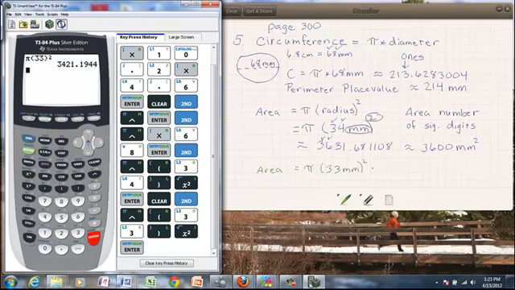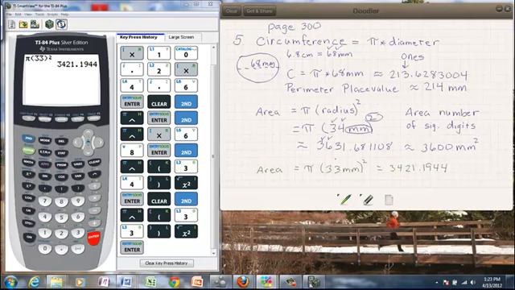And this number turns out to be 3,421.1944.